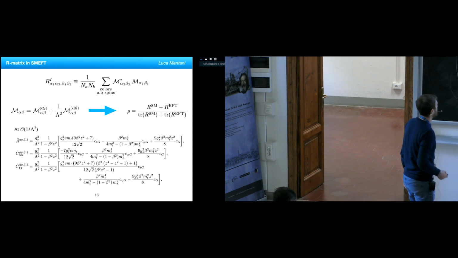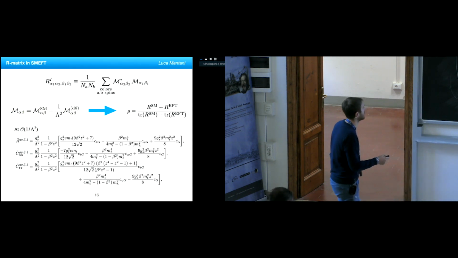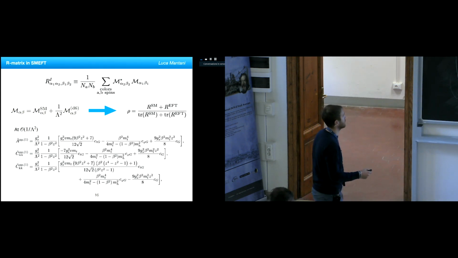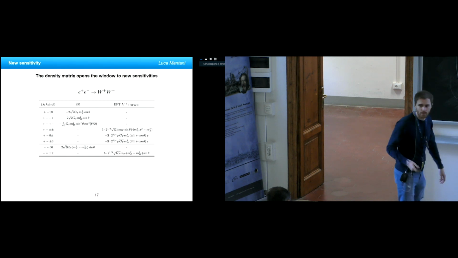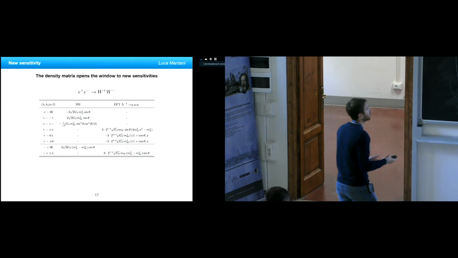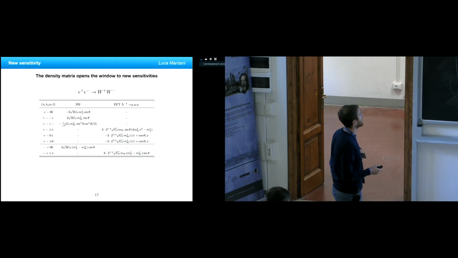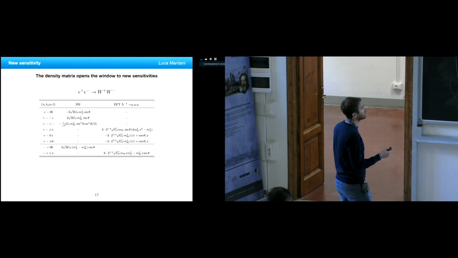This is an example of the coefficients that we computed analytically for different operators in different channels. And what I want to stress, this is not t t-bar, but generically this holds for new physics and different processes. The density matrix can open a window to new sensitivities.